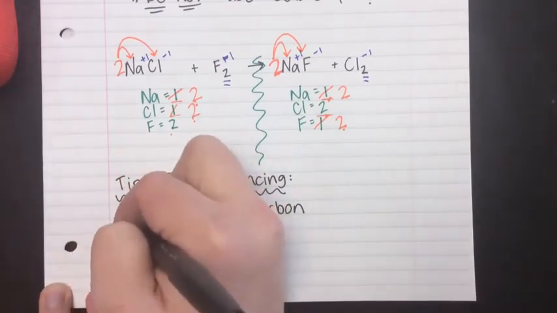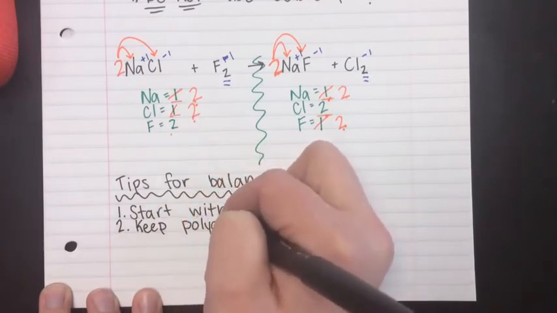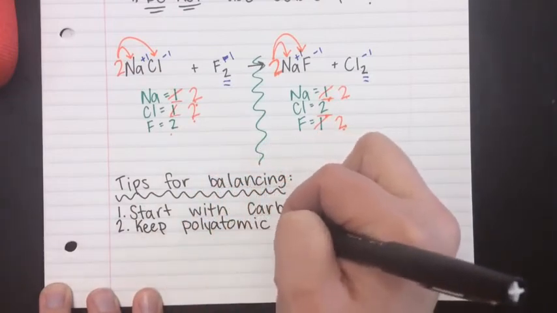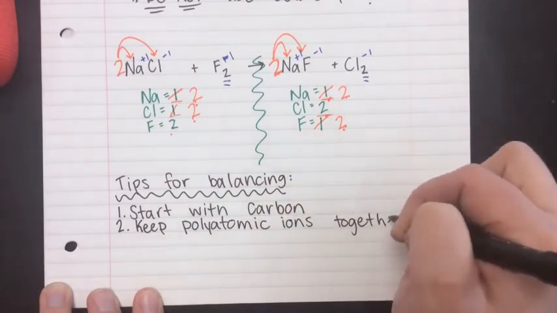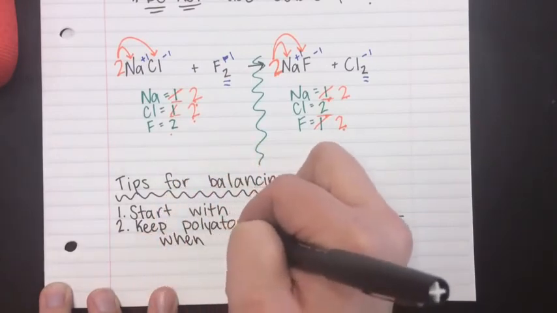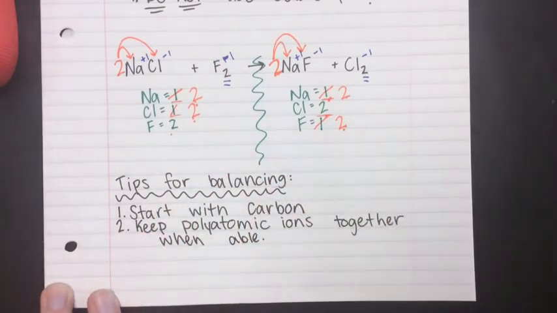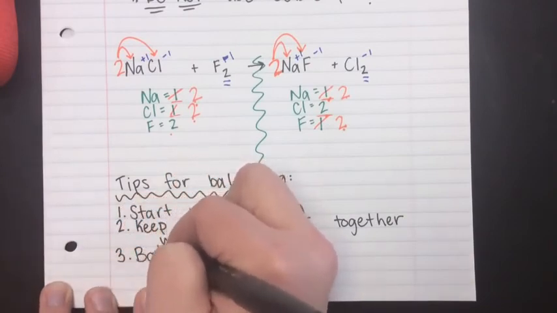Number 2, keep polyatomic ions together when you are able. This means that when you count and identify your atoms, a polyatomic counts as 1 element. Number 3, balance diatomics or lone elements last.